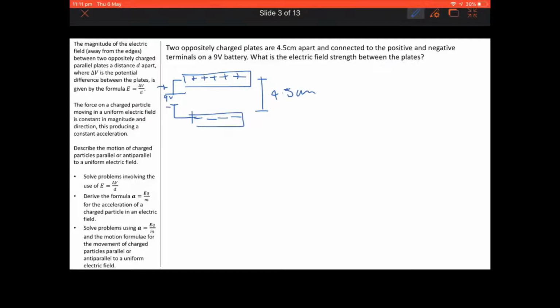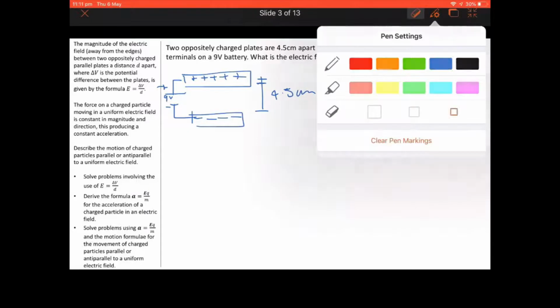So all we need to do is use our equation for electric field strength, which is equal to the potential difference divided by the distance between the two plates.